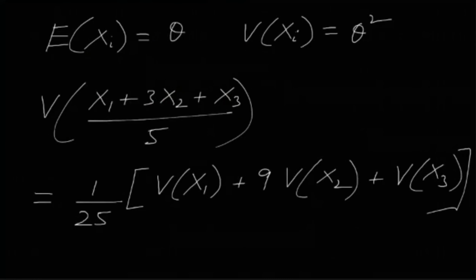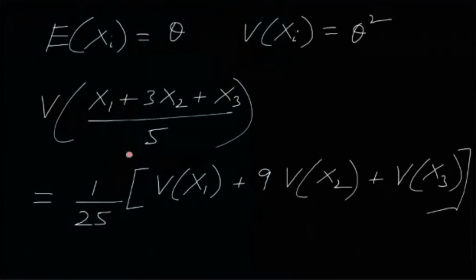So let's start with the first option, x1 plus 3x2 plus x3 whole divided by 5. The variance of this is 1 by 25, because the 5 comes out squared. So 1 by 25 into variance of x1 plus 9 into variance of x2, remember that 3 squared comes out of the variance, plus variance of x3.